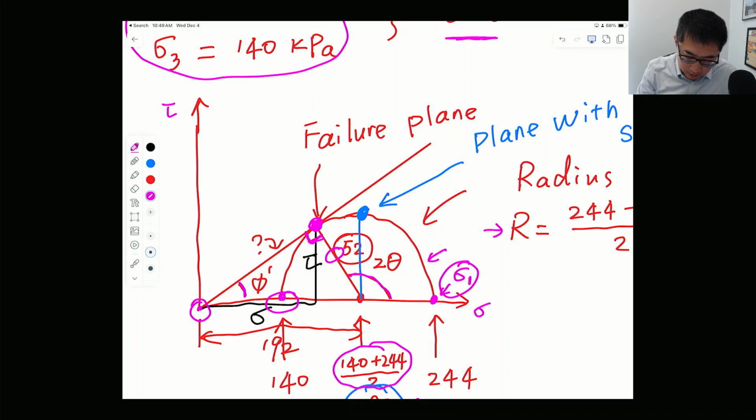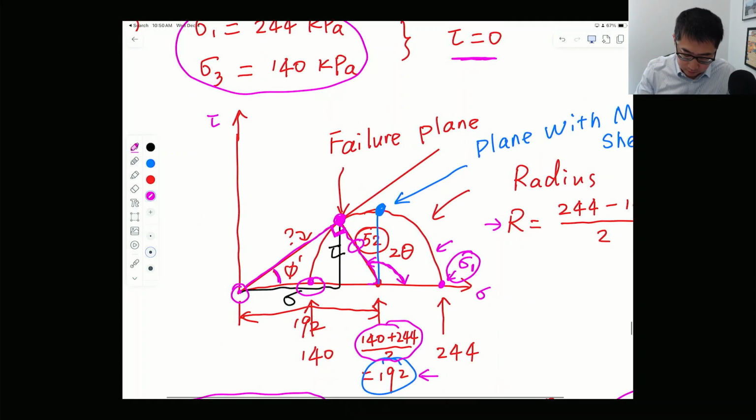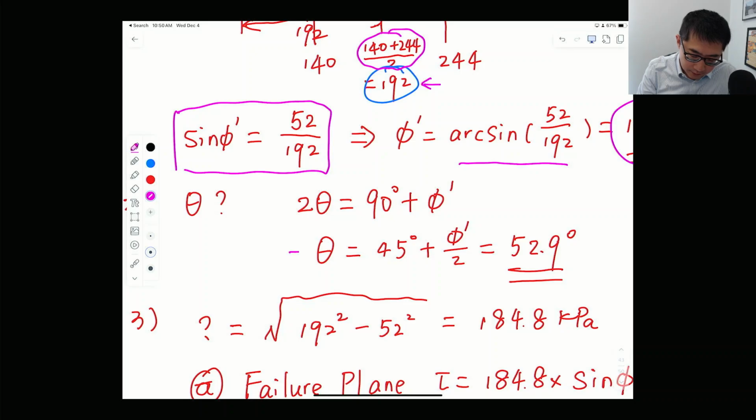This angle here is going to be 2 theta, just because the angle on the Mohr circle is doubled. Looking at this triangle over here, 2 theta is going to be 90 degrees plus the friction angle. Based on that, we can find the angle between the failure plane and the major principal plane is going to be 52.9 degrees, which is 45 degrees plus half of the friction angle.